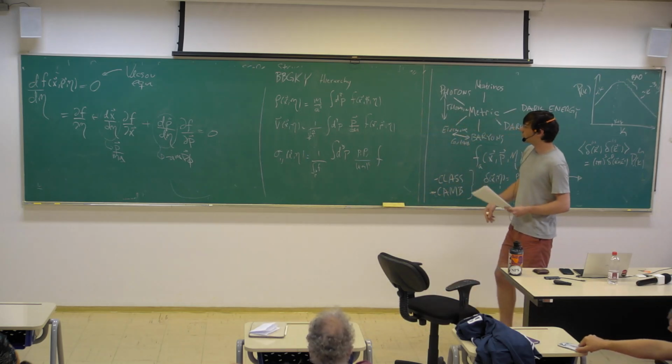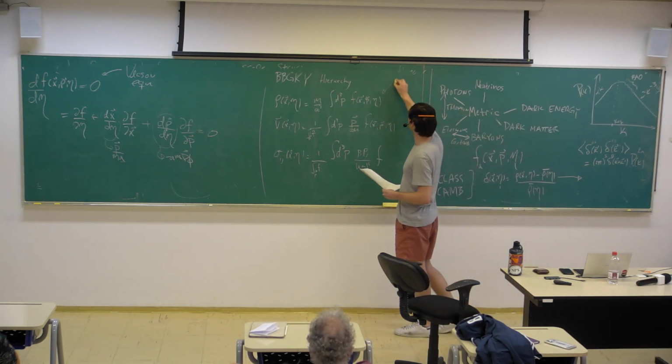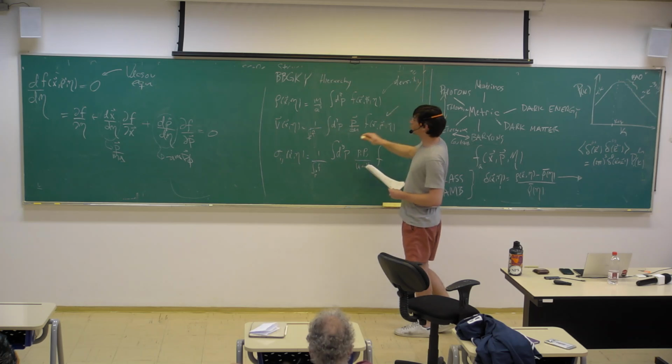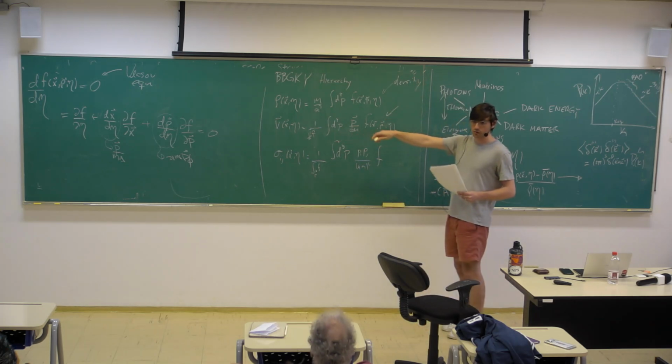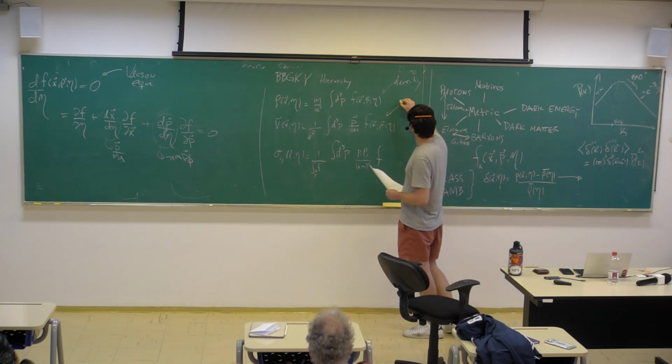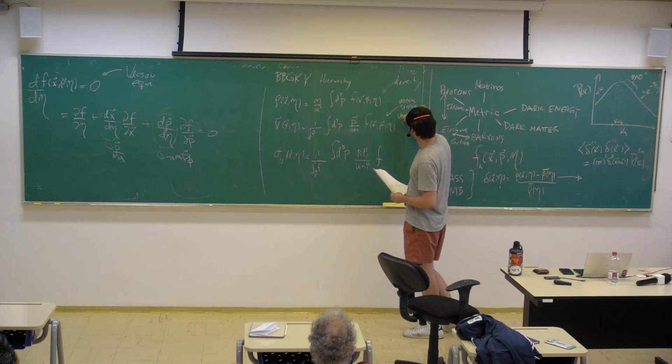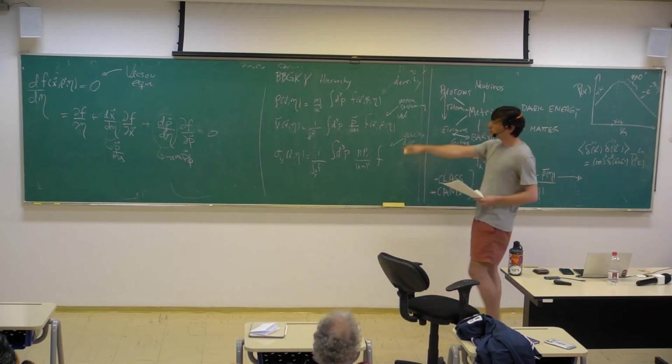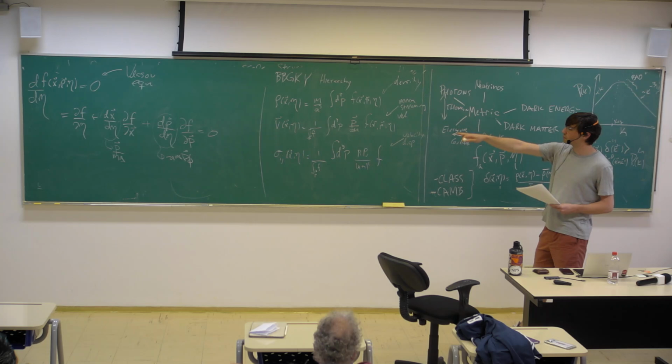So if I have defined these moments, this is density, and this is the average streaming velocity at any given position. What's the average if I weigh over every single momentum component that this can have? So this is mean streaming. And then if I also define this velocity dispersion tensor, these ingredients and moments I can use to simplify that equation.